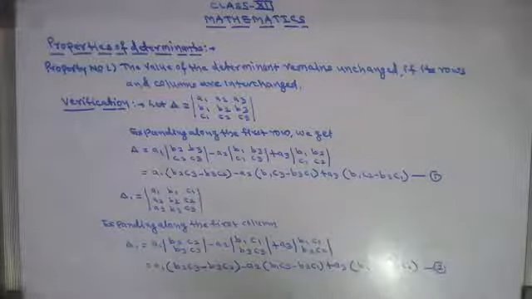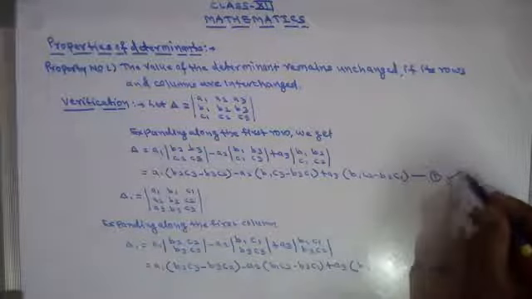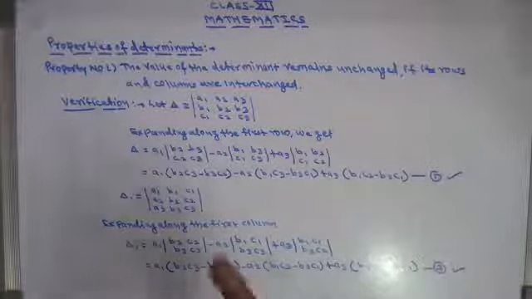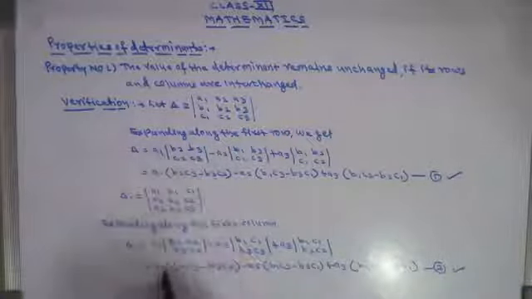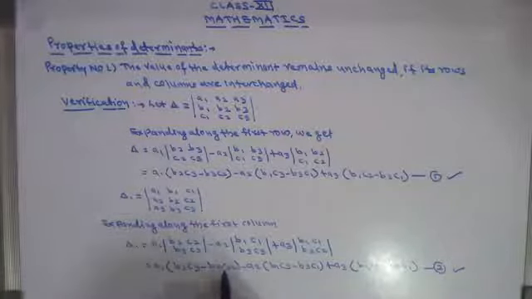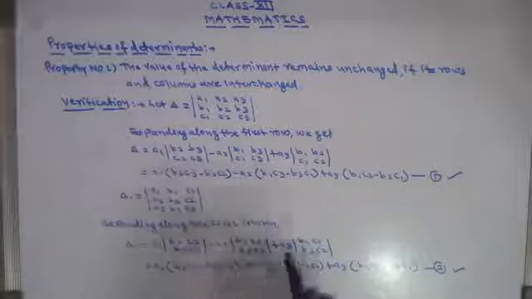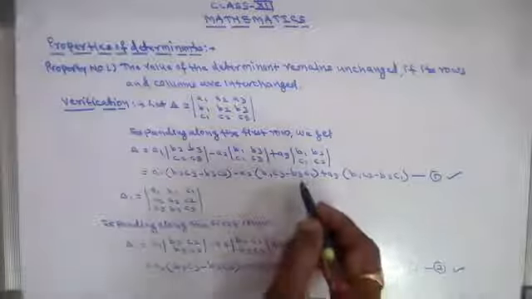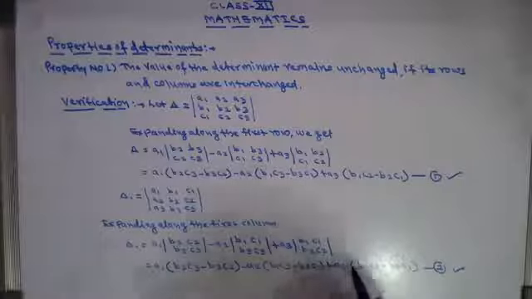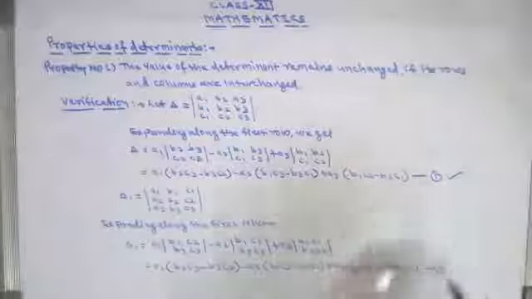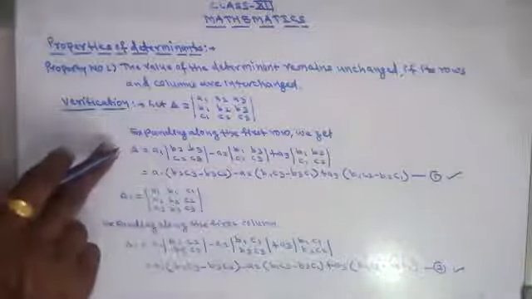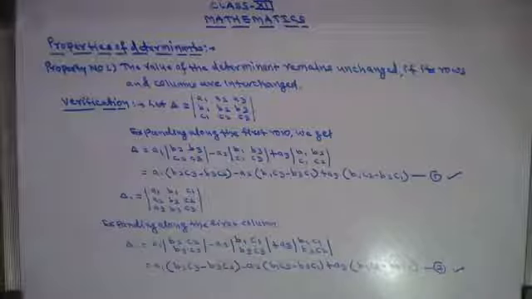Now compare the right hand side of the first one and the right hand side of 2. These are equal. A1 into bracket B2C3 minus B3C2, minus A2 into B1C3 minus B3C1, plus A3 into B1C2 minus B2C1, so the right hand sides are equal. It means delta and delta 1 are equal.